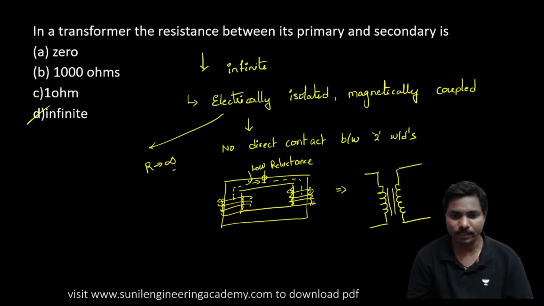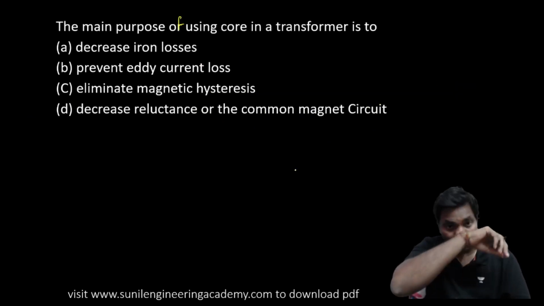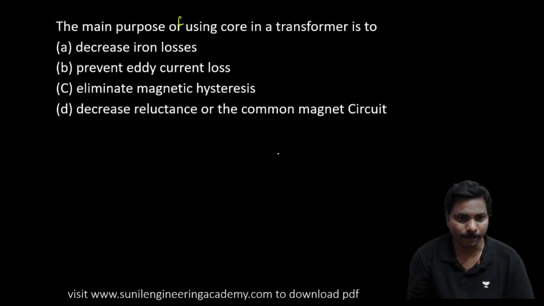Otherwise, if it has high reluctance, that is higher opposition, so much flux leaks. But we want to transfer the flux from primary to secondary, so we require a magnetic core which provides a low reluctance path. The core is required to decrease the reluctance of the common magnetic circuit.